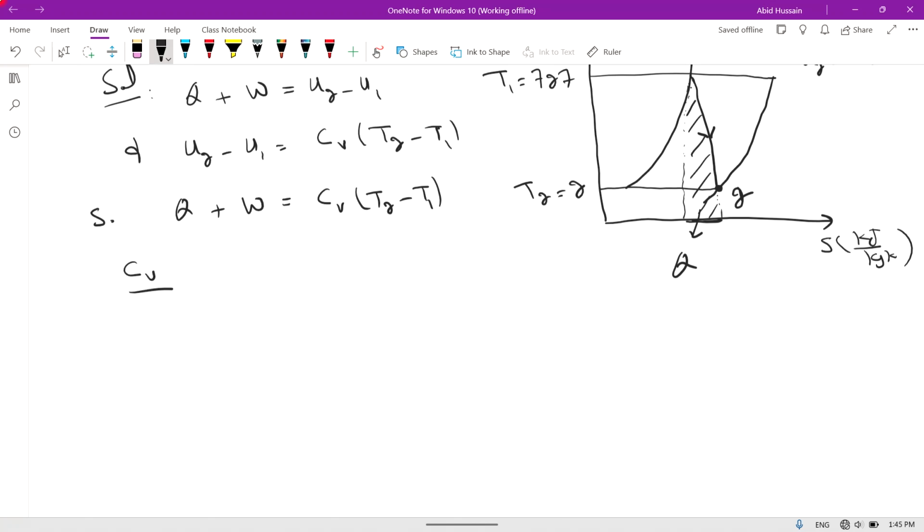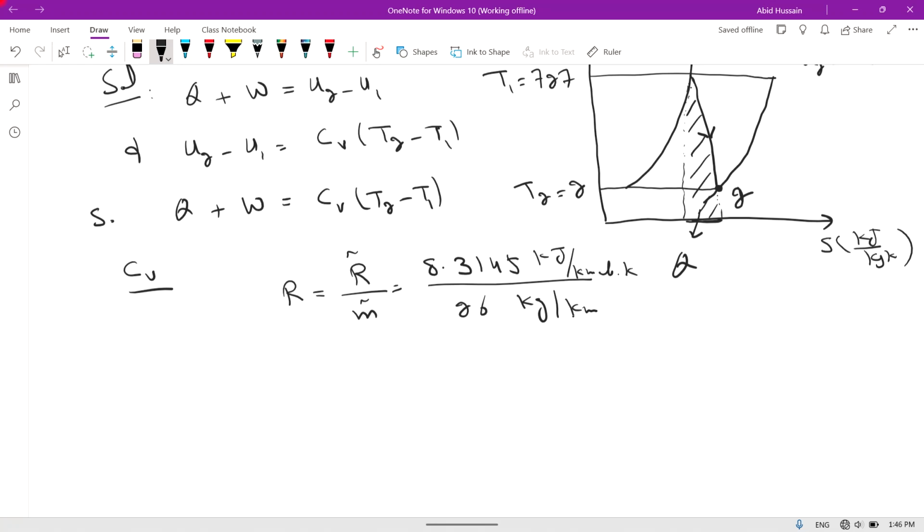For CV, first we find R. R is equal to the molar gas constant divided by molar mass. The molar gas constant is 8.3145 kilojoule per kilomole Kelvin divided by the molar mass 26 kilogram per kilomole.